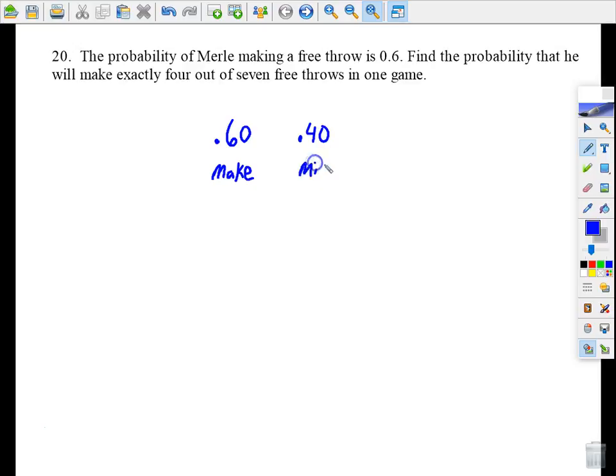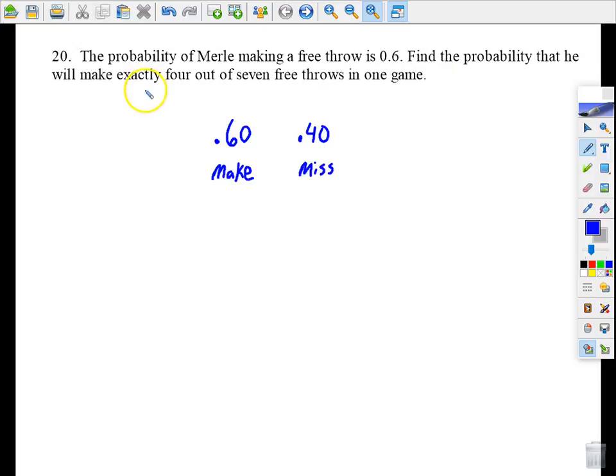If he's 60% at making them, then he's got a 40% chance or probability of missing. Just remember, in decimal form, these two decimals should add up to be 1, or in percent form, they would be 100%. So that's where we start, and now we look at what the problem is asking for.